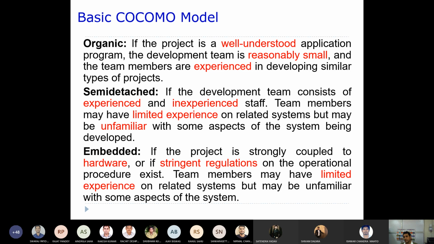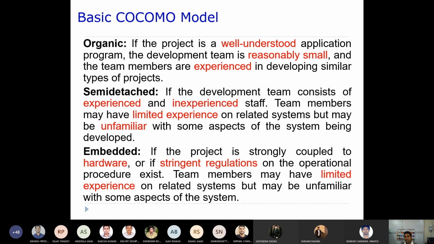Here the team members have limited experience as compared to organic. Maybe they have limited experience on some related systems, but they may be totally unfamiliar with some aspects of the system.